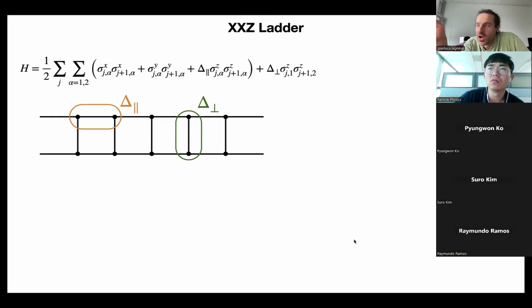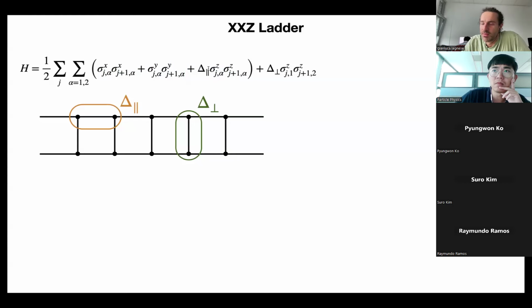Imagine a longitudinal direction and an orthogonal direction. This XXZ ladder is a generalization of the Heisenberg model. You have a parameter that gives the asymmetry, and if this parameter is 1, you get back to the Heisenberg model.